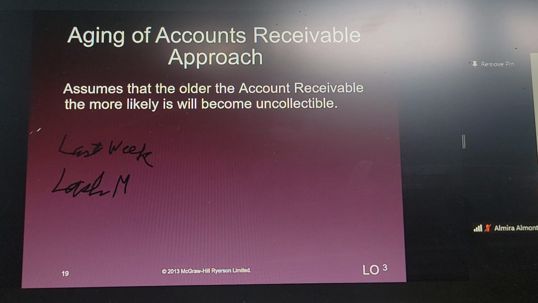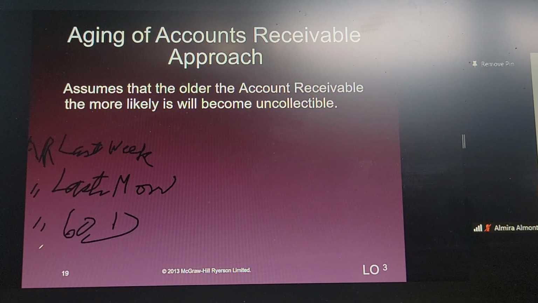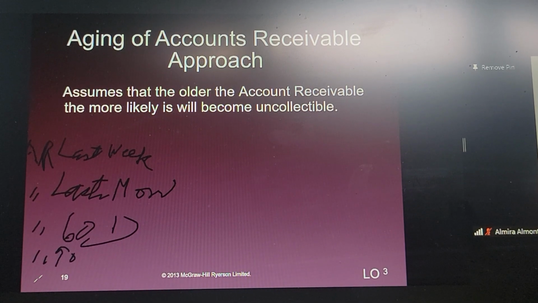I have accounts receivable from last week, from last month, from the last 60 days, from the last 90 days, and over 90 days.